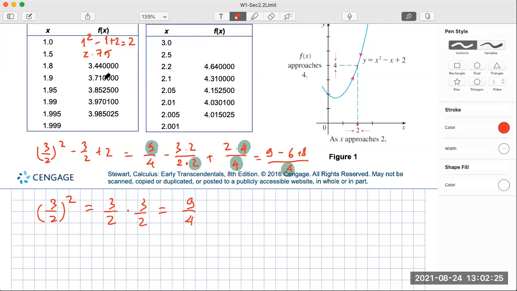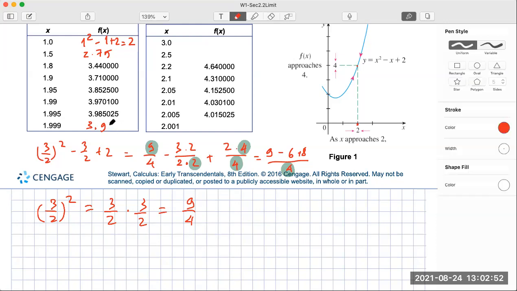Okay. Now, how about the value when x is equal to 1.999 here? I believe, yes, 3.997.